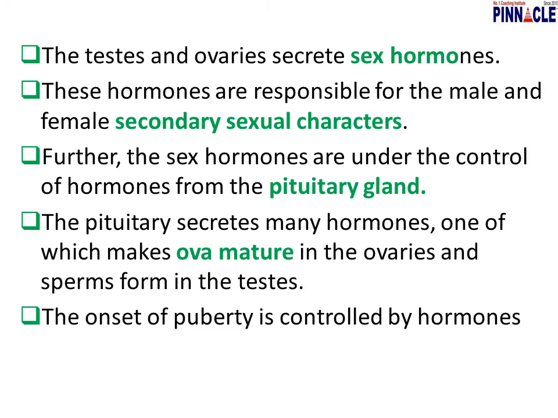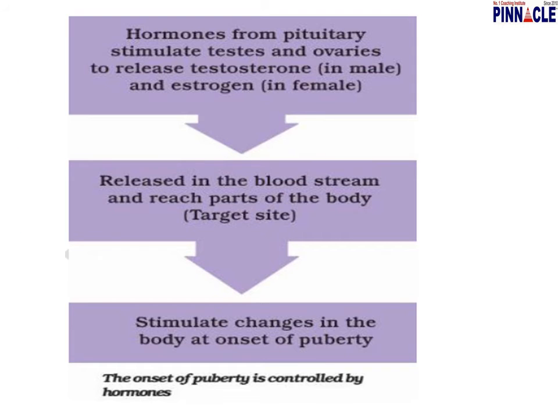Onset of puberty is controlled by hormones. This is the diagram. You can see onset of puberty is controlled by hormones. How is it being held? Hormones from the pituitary stimulate testes and ovaries to release testosterone in male and estrogen in female. So testosterone and estrogen, these are two important male and female hormones, and the pituitary gland plays an important role in stimulation.